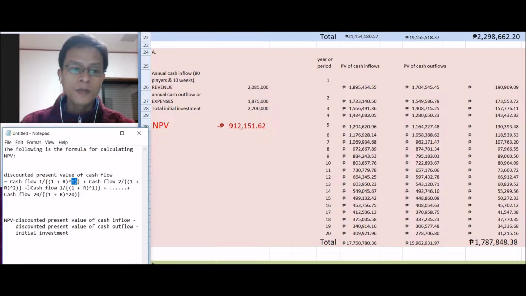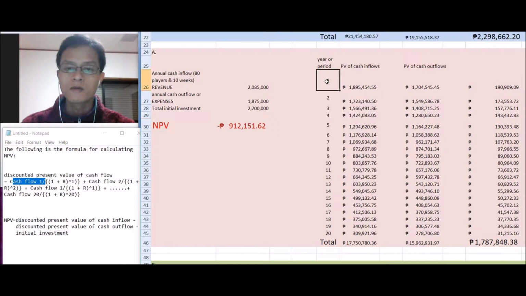So cash flow number 1 for the first year divided by 1 plus the rate, which is 10%, raised to the power of 1 because of the first year. The result should be this one here.